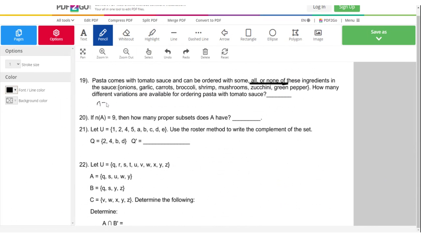N is equal to 8. So 2 to the 8th. So that's 64, 128. Let's see. That's 256.